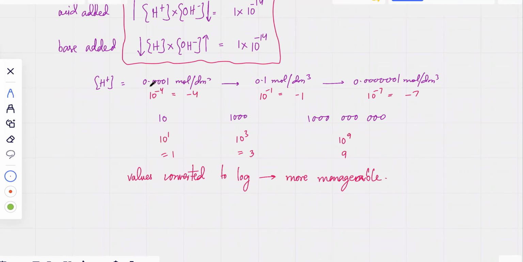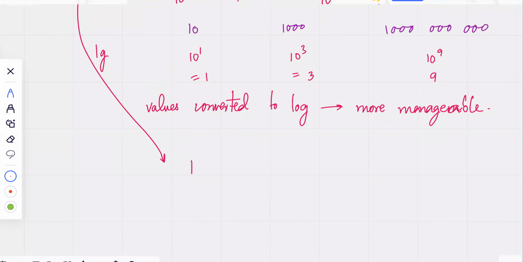So we're going to take the log of this expression: log of H+1 concentration times OH concentration, taking log on both sides, and that's 1 times 10 power minus 14 and its log.